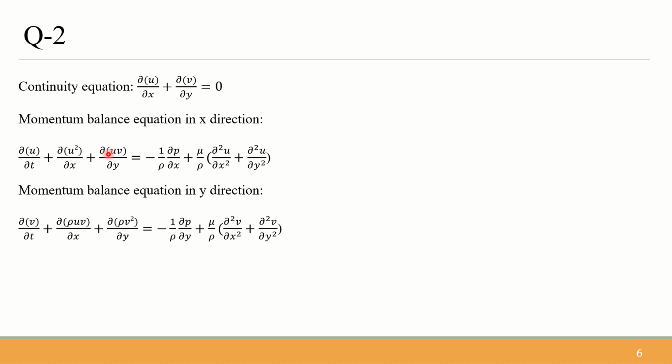And third one is determination of pressure. Since there is a coupling between pressure and velocity, determination of pressure is also an equally difficult problem. So all three options are right in terms of the difficulty: coupling of the variables, non-linearity of the governing equations, and determination of pressure.